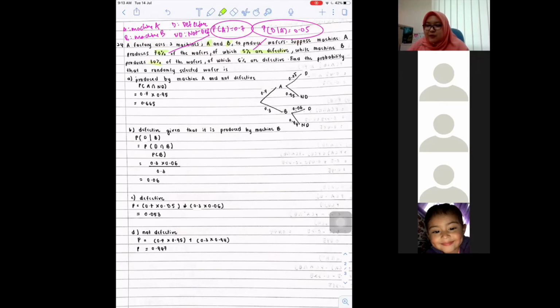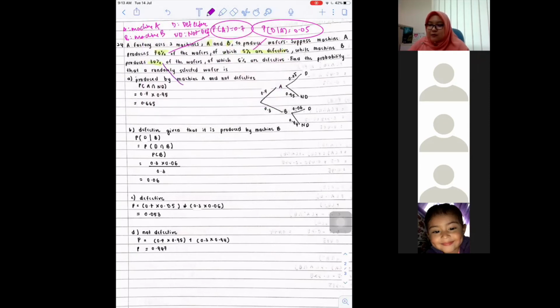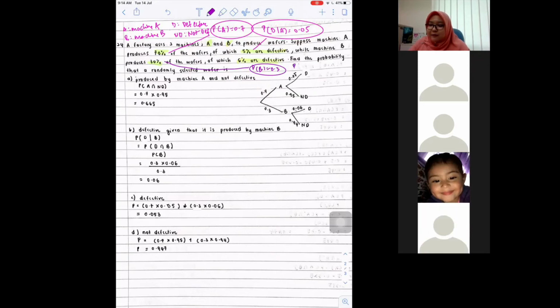Machine B produces 30%, so P(B) is 0.3. And from machine B, 6% are defective. Given that we are using B, it is defective as much as 0.06.